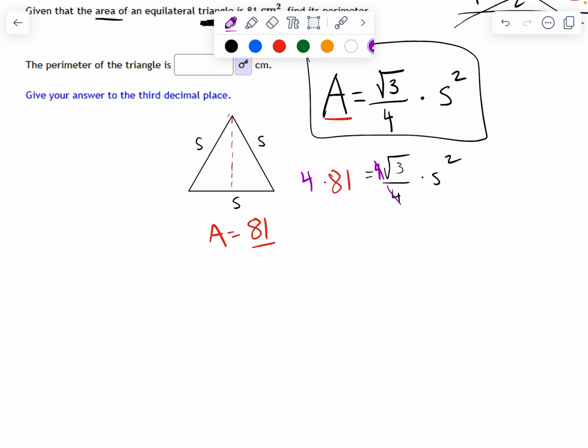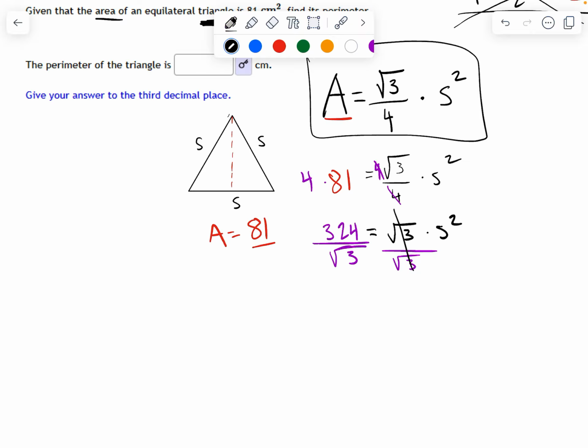Let me double check. Oh, so far off. Good thing I double checked that. That's 324. It's fine, a little early when I'm recording this. So 324 equals the square root of 3 times side squared. Again, undo multiplication. Now we're going to divide by root 3.